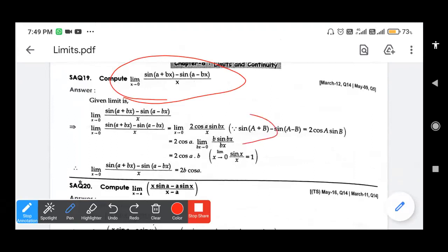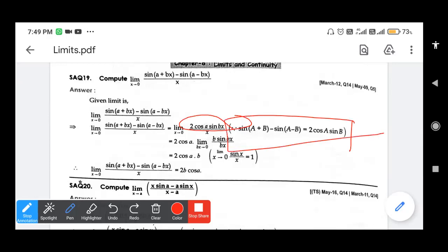Here we are applying the formula: sin A plus B minus sin A minus B is equal to 2 cos A sin B. So that will become 2 cos A sin.